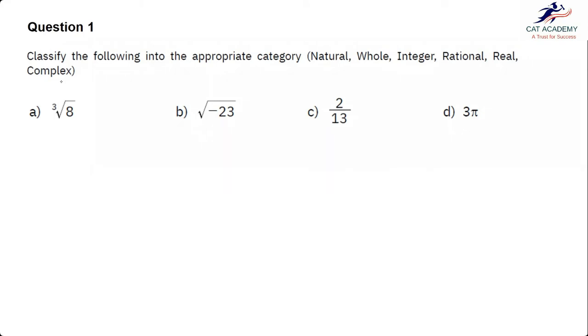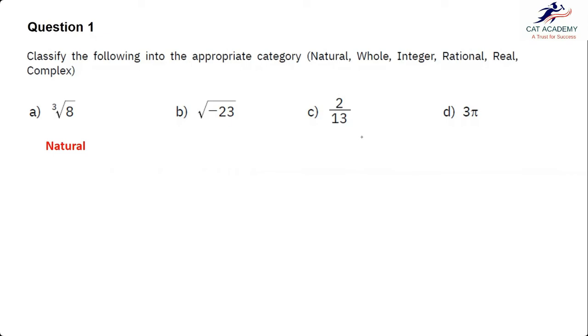The first one belongs to natural number, guys, because cube root of 8 is very much possible. Cube root of 8 is equal to 2, and 2 is a natural number. Okay?